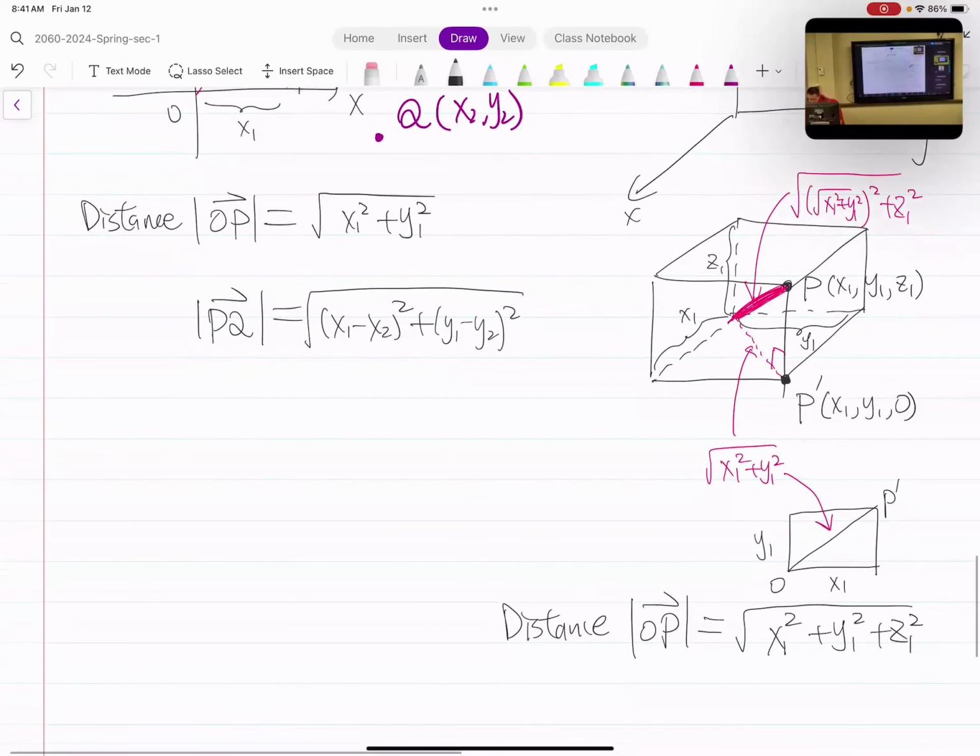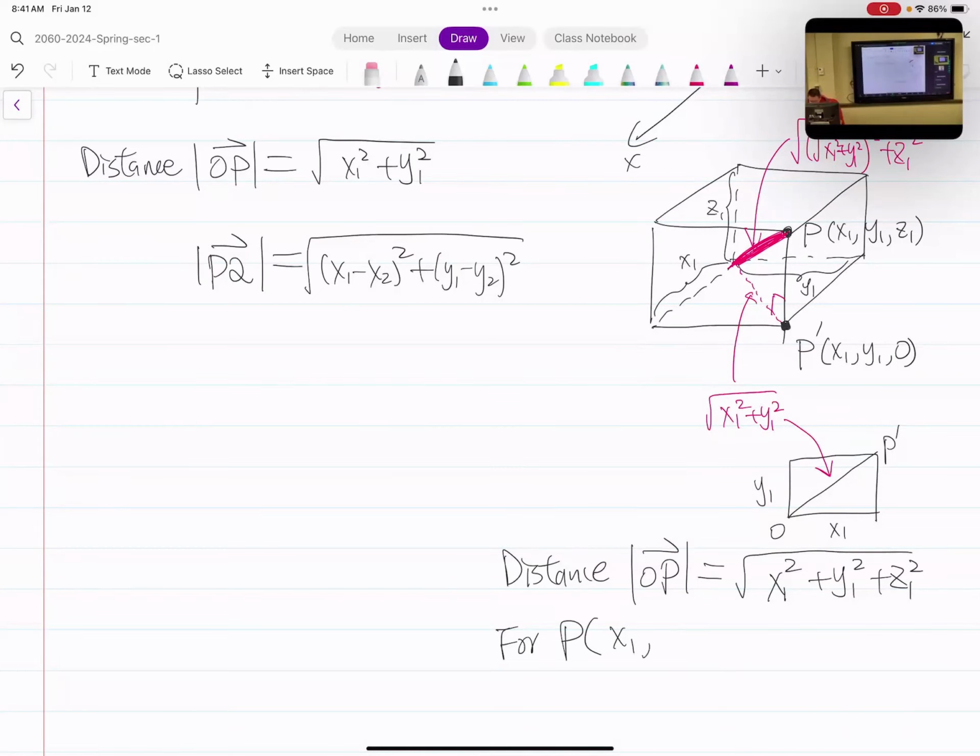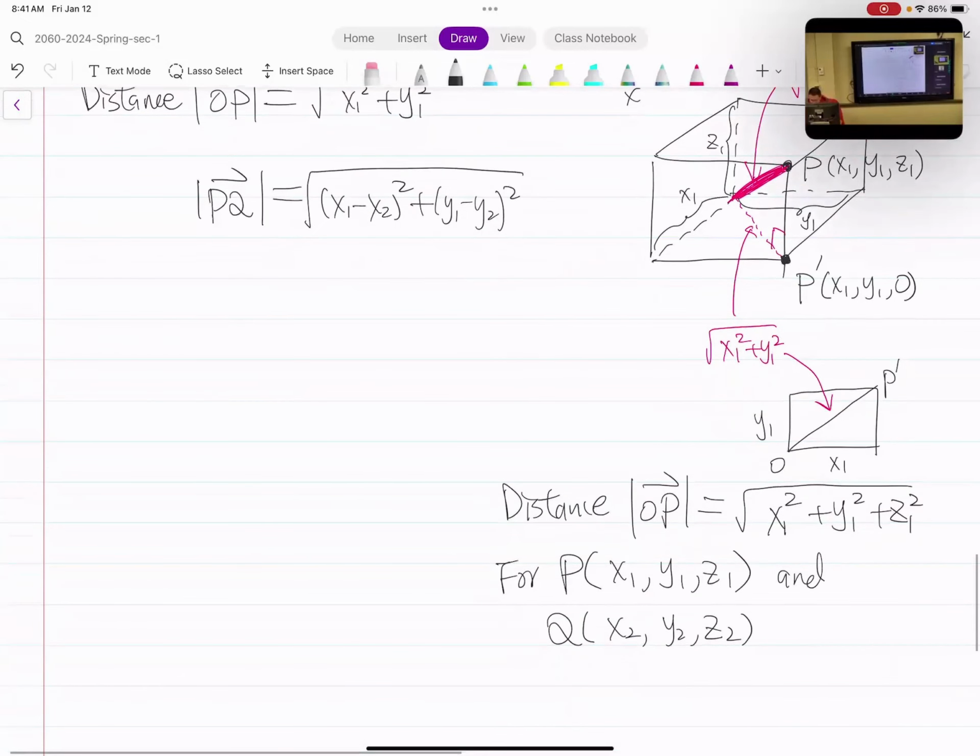And similarly, if you have another point Q in three-dimensional space, let's write down the formula. For P with coordinates x1, y1, z1, and Q with coordinates x2, y2, z2, you can still think about this as the direct extension. Basically, we have the difference of the x coordinates, difference of the y coordinates, and finally, we just need to introduce the difference in the z coordinates.